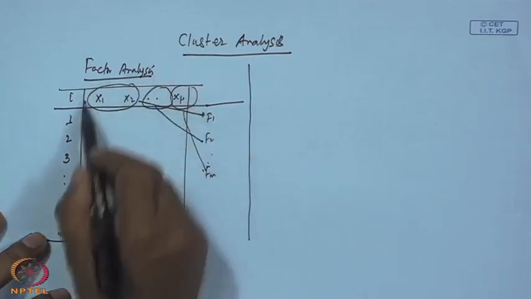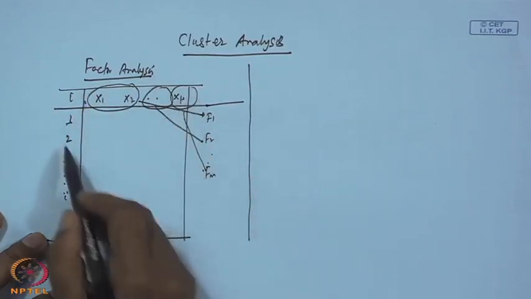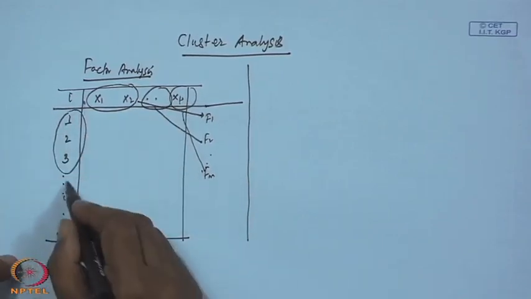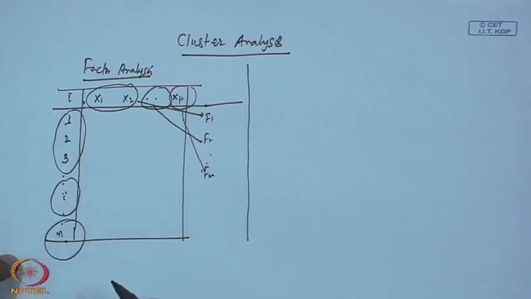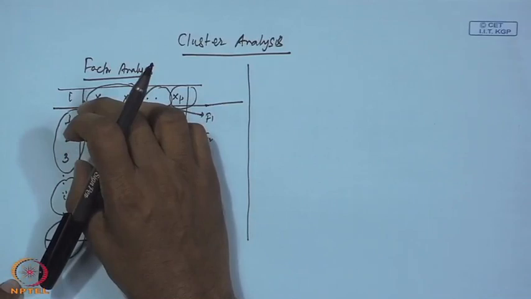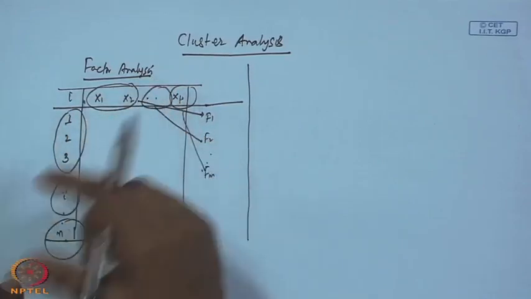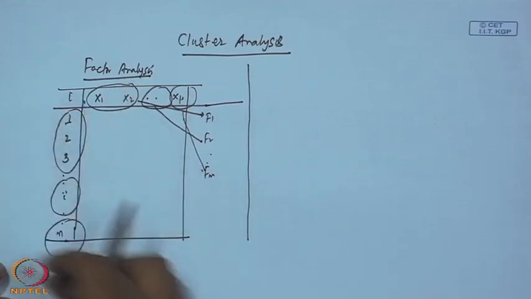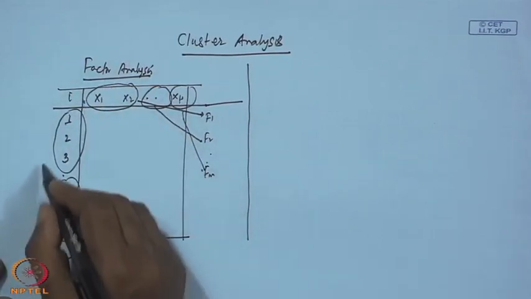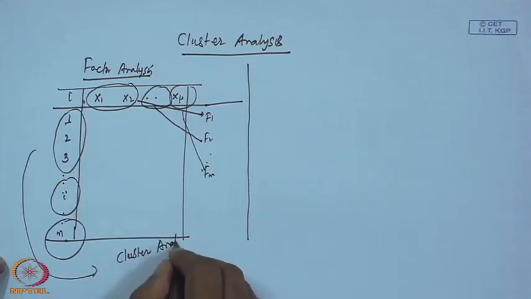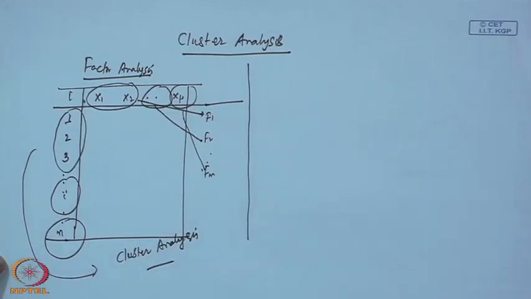Now, based on these characteristic features, if you want to group the individuals into several groups, then this is known as grouping the items or grouping the individuals or grouping the observations or grouping anything. So, then this one is known as cluster analysis.